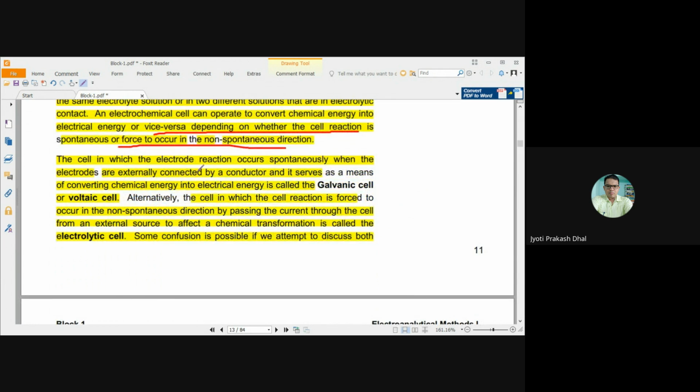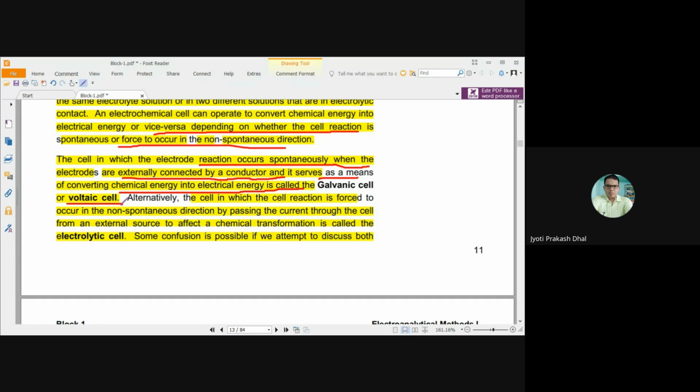The cell in which the electrode reactions occur spontaneously when the electrodes are externally connected by a conductor, serving as the means of converting chemical energy into electrical energy, is called a galvanic cell or voltaic cell.